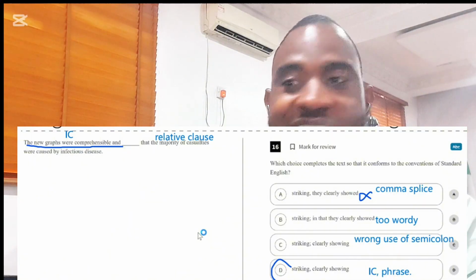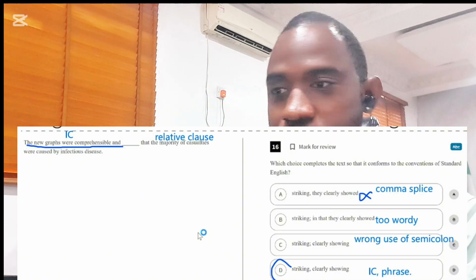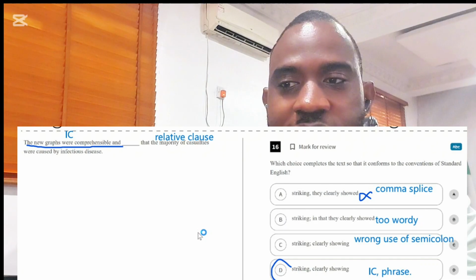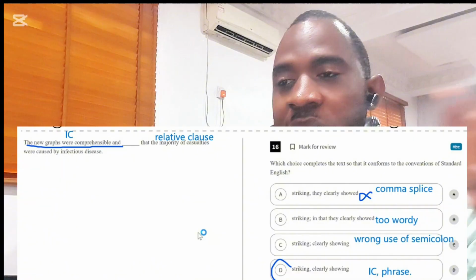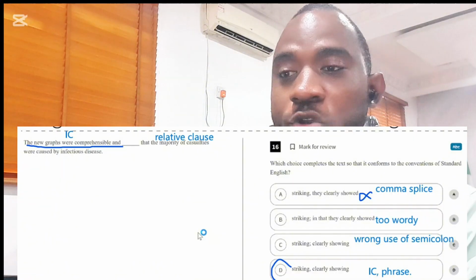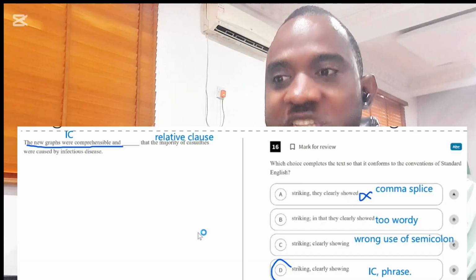So we see that it isn't a complete idea. Hence, we cannot possibly have the semicolon in the middle, which is what option C is giving us here. That makes it wrong. So that cannot work, right? The semicolon is meant to be in the middle of two independent clauses, as I hinted at earlier.